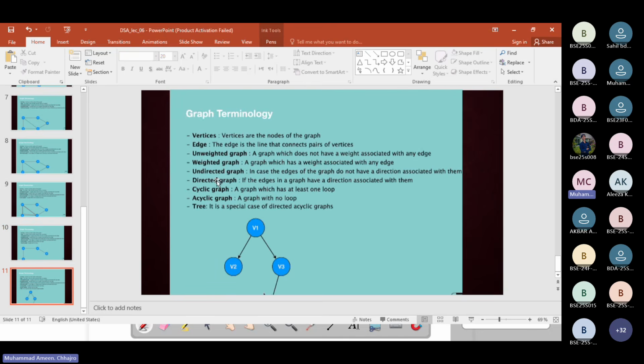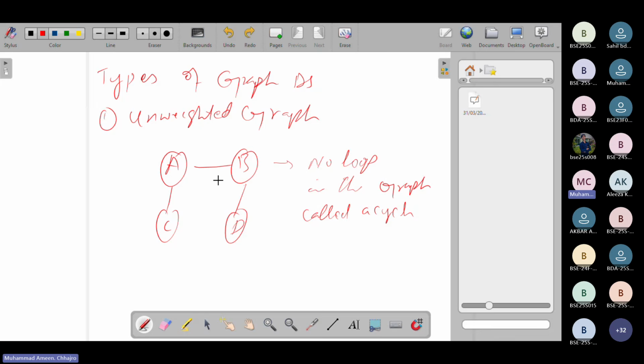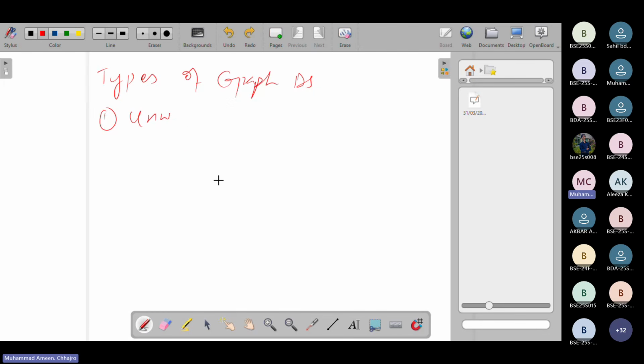The second is a tree. It is a special case of the directed acyclic graph. So definitely the tree data structure is one of the special cases of directed and acyclic graphs. The tree data structure that we studied is a special case of directed and acyclic graph category, a wonderful example. Why?